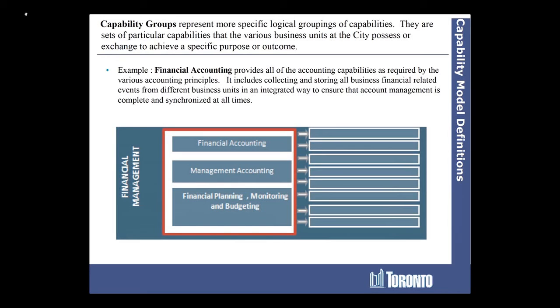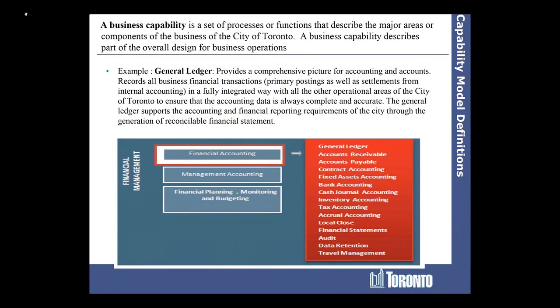And under each of these capabilities, then there's processes. So a business capability is at the lowest level, and it's really a set of processes or functions that describe the major areas of components at the city. General ledger is the example I've used here, and it's basically a comprehensive picture for accounting and accounts within the organization. So you'll see here that we have a pretty good description of what general ledger is.